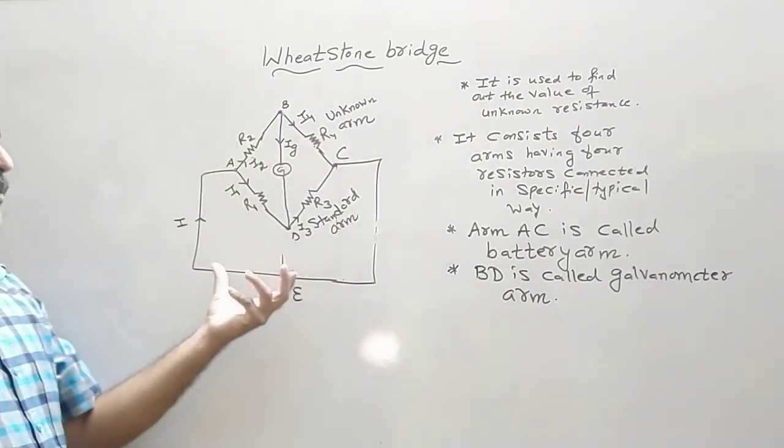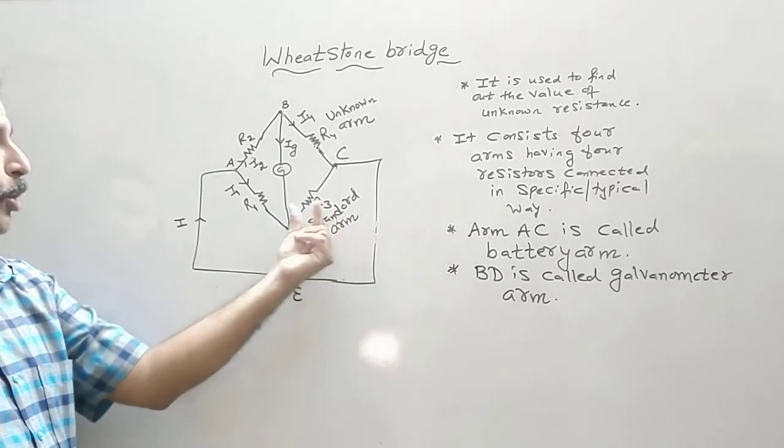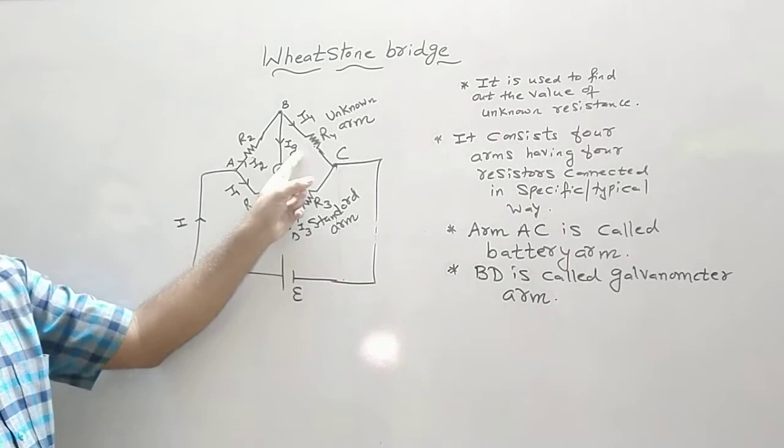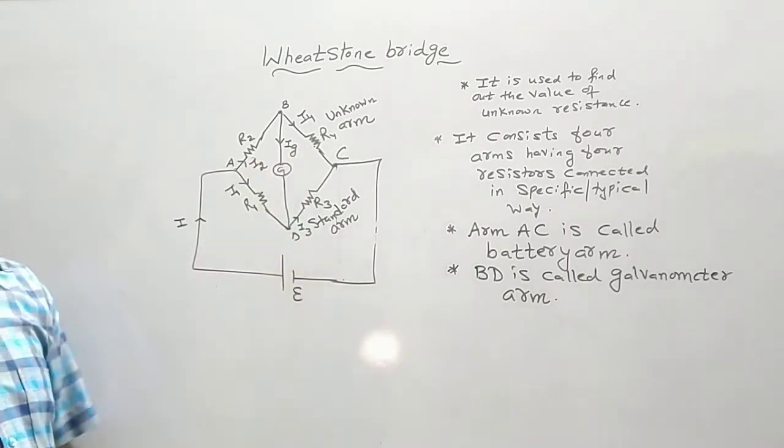So it is an experiment. We should select the value of R3 in such a way that the galvanometer shows zero deflection, or you can say Ig becomes 0.